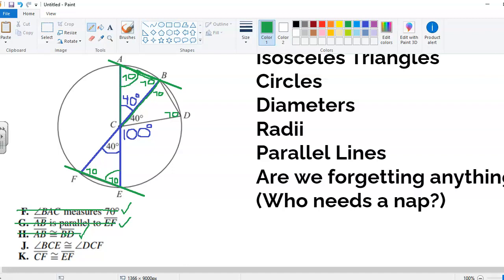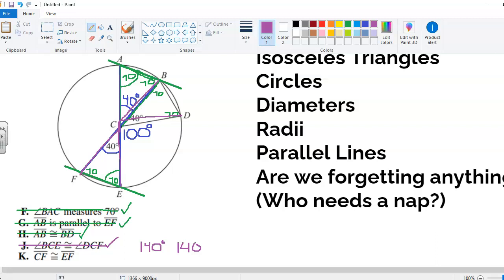BCE, we're almost done here. We got BCE. Ooh, that's 40 plus 100. BCE is 140 degrees. Okay, let's keep that in mind. DCF, okay, DCF, that's 100 plus 40, so that's 140 degrees as well. Yep, that one checked out.